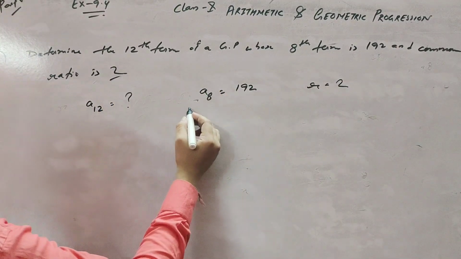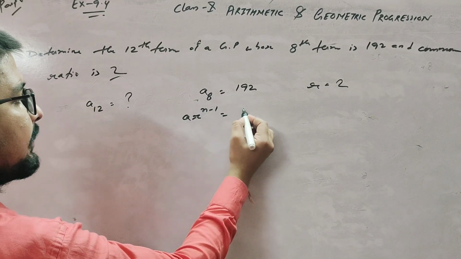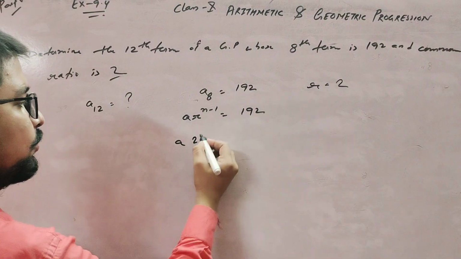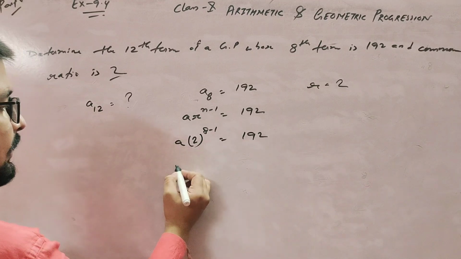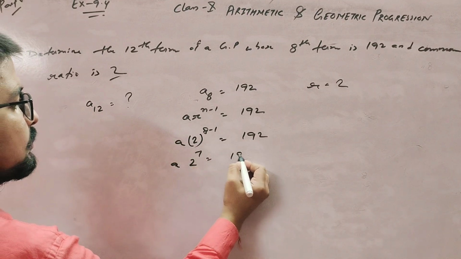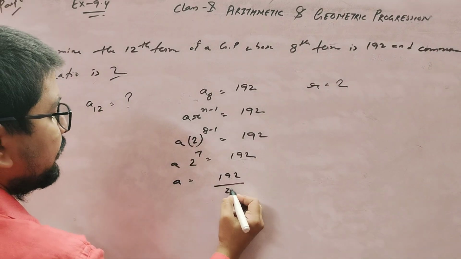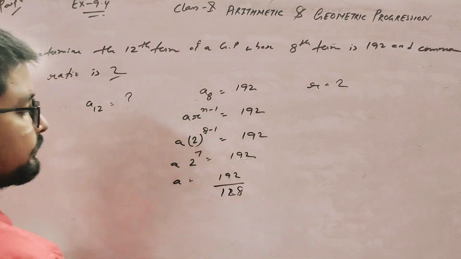So the 8th term is 192, and we know the general term formula is a r^(n-1) equals 192. In place of r we write 2, n is 8, minus 1. So a times 2 to the power 7 equals 192. So a equals 192 divided by 2 to the power 7, that is 128.